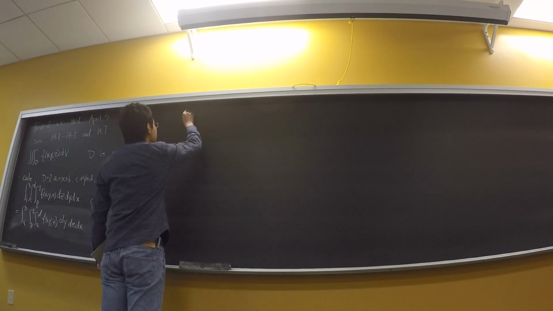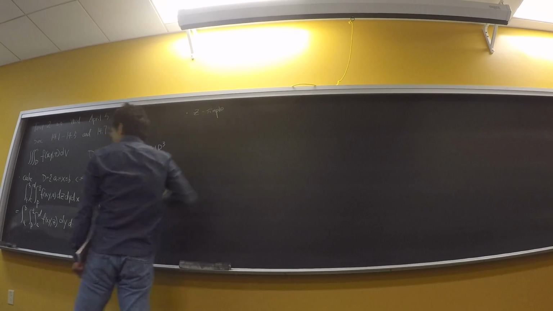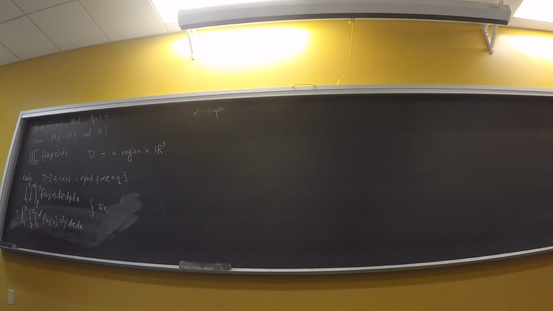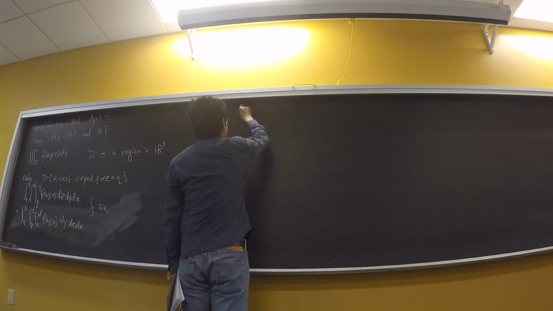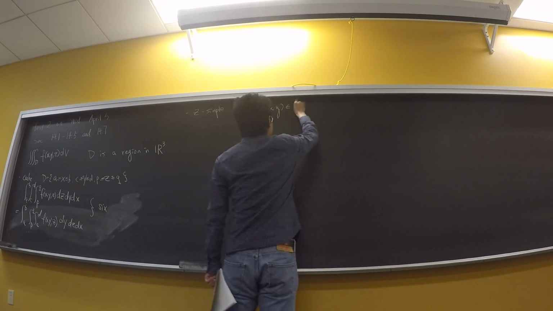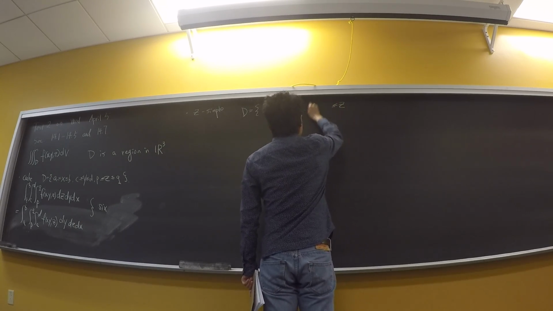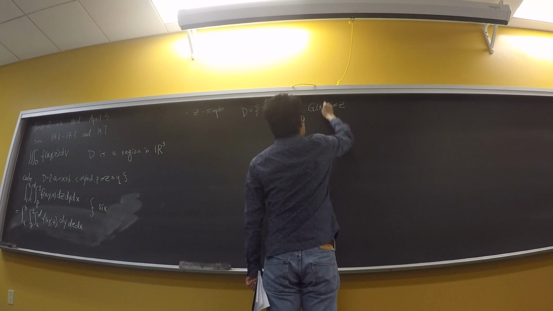What is more interesting is so-called z simple, y simple, and x simple regions. Okay? So z simple region domain D is x, y in a region R in the xy plane, and z is bounded between two functions of x, y.